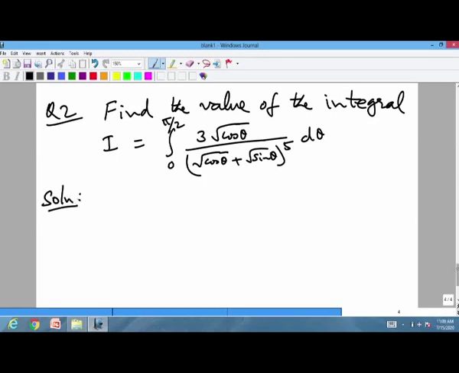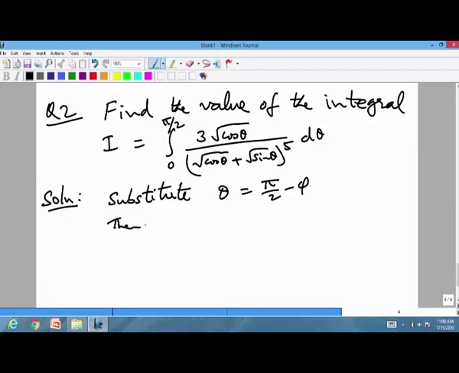So, to solve this problem, what we do is first we substitute theta is equal to pi by 2 minus phi.